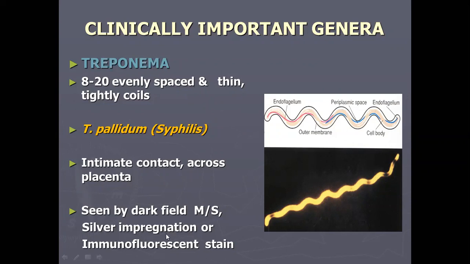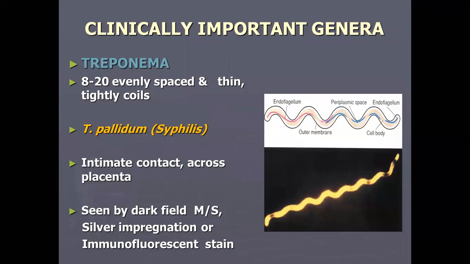This staining procedure is a very sensitive staining technique, and it is mostly used for visualization of proteins. Whenever you go for the Western blot, that is, transfer of the protein onto a nitrocellulose membrane, and we have to visualize it, we can go for silver impregnation. It's a very sensitive staining technique.